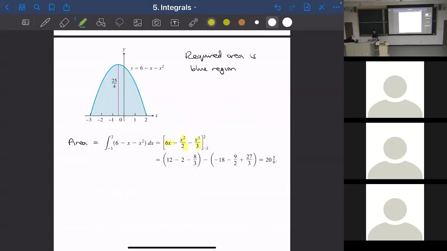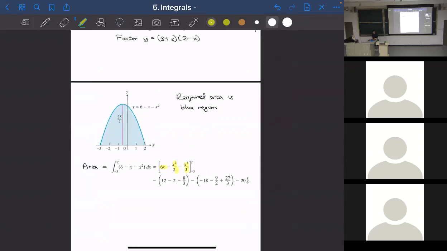So if I put in 2, I get 12 minus 2 squared over 2, which is 2, minus 8 over 3. And if I put in -3, I get something more complicated, but finishing up the calculation, I get 20 5/6.